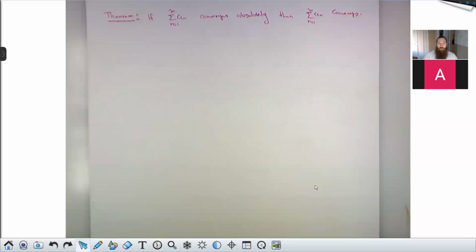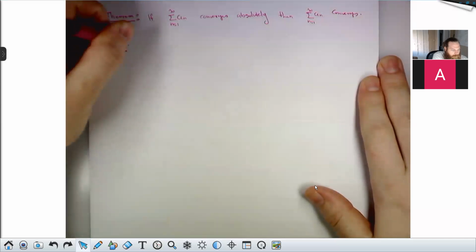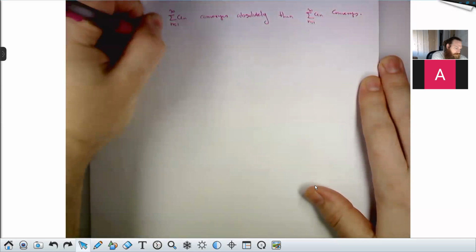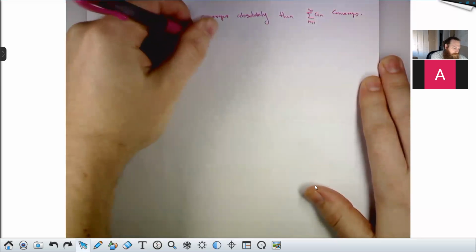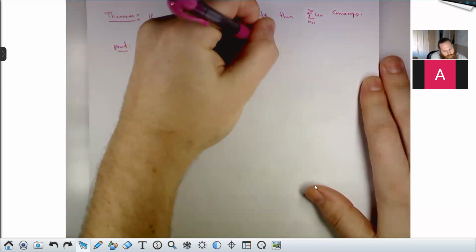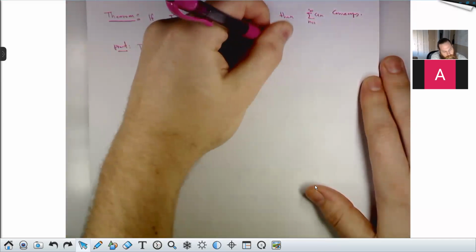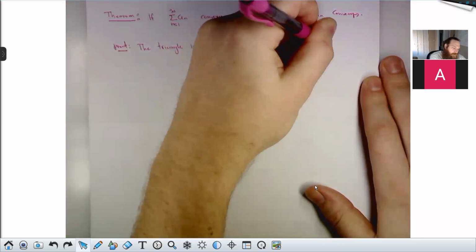The triangle inequality you may have heard of in different language. It says that the shortest way to get from one point to another is a straight line. In other words, the absolute value of x plus y is less than or equal to the absolute value of x plus the absolute value of y.